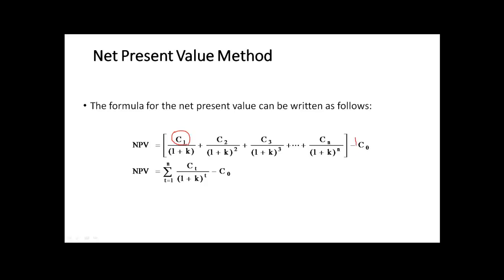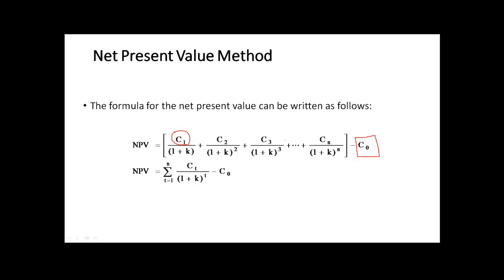But before that, look at this amount: this is C0. What does C0 mean? This is the amount that I have invested from my pocket today. So this is my cash flow outgoing, that is why it is C0. It's today's amount that is going out of my pocket, so it is given as cash outflow.